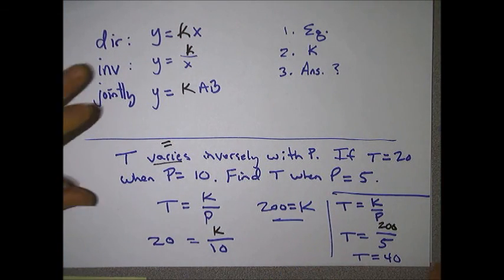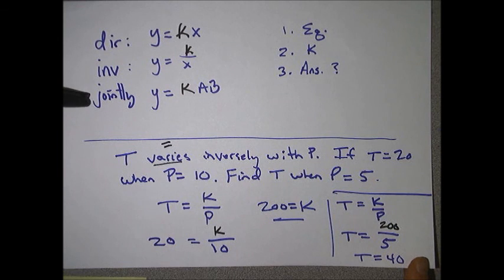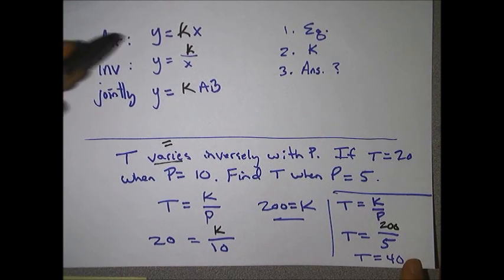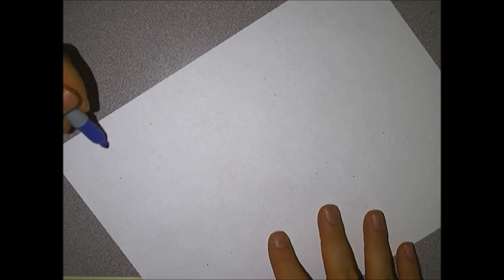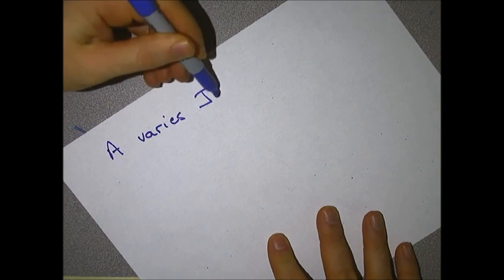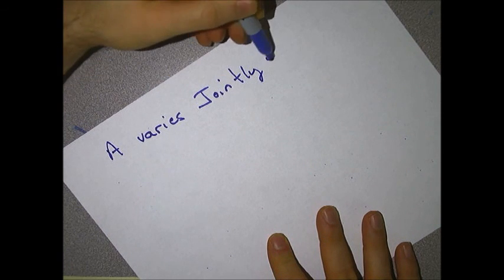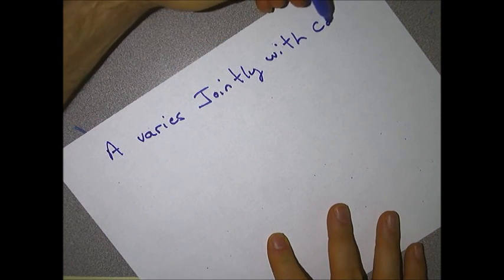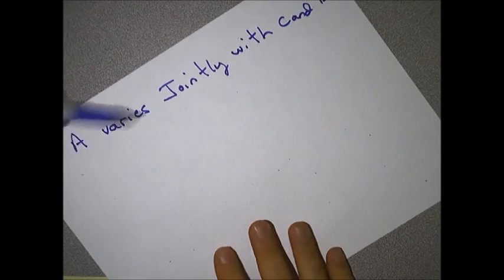We'll do another example with that. Let's do a jointly varying one. If it was directly, you'd use the top formula. Inversely is the middle. Jointly is the bottom. So using that same information, let's do: a varies jointly with c and d.